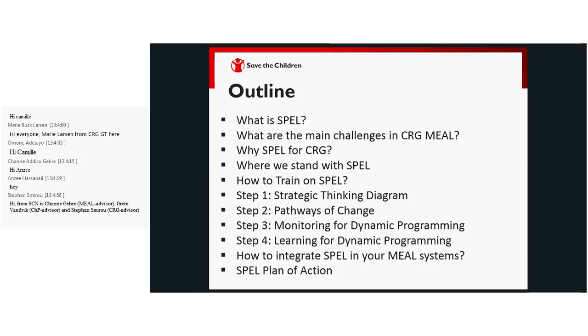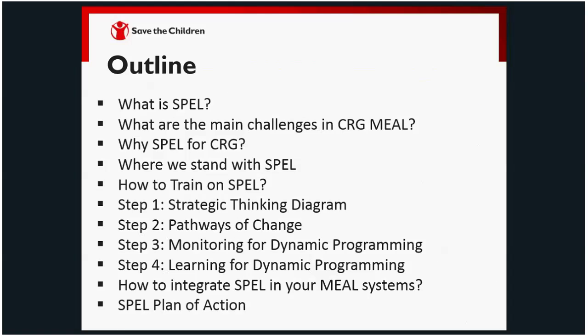There are 4 key steps in SPEL implementation, from the strategic thinking and strategic thinking diagram to the pathways of change and pathways of change flowchart, to monitoring for dynamic programming and learning for dynamic programming. We will then conclude the session with 2 overviews on how to integrate SPEL in MEAL systems and how to plan for SPEL together with country programs and country teams.